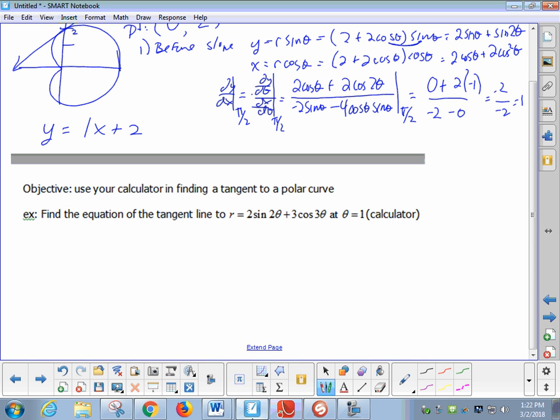All right, so here we go. To find a tangent line, we need a point. What is the x? How do we find x in a polar kind of way? r cosine theta at 1.